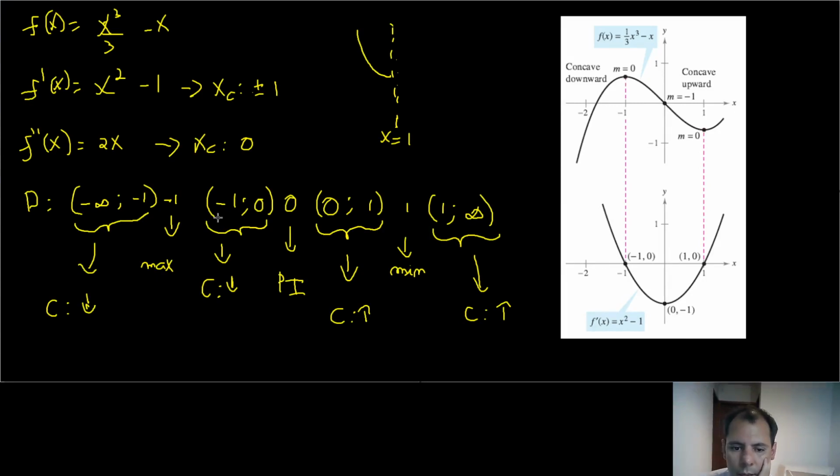That's great. For this domain in here, I said that the concavity was going to be down, and it is, all the way up to here, from x equals minus 1 all the way to x equals 0. You have a negative concavity here. Did I say that the concavity was negative from minus 1 all the way to 0? Yes, look at this.